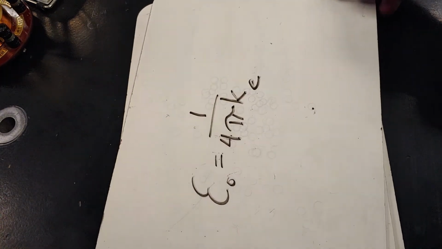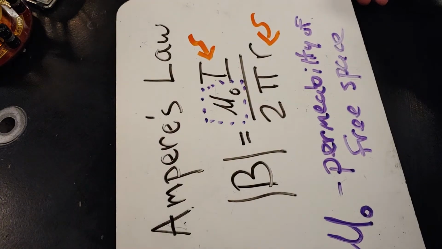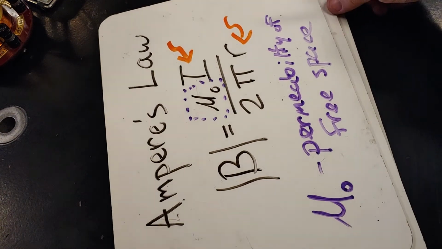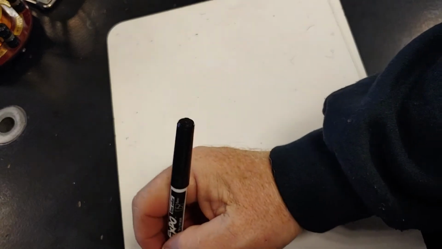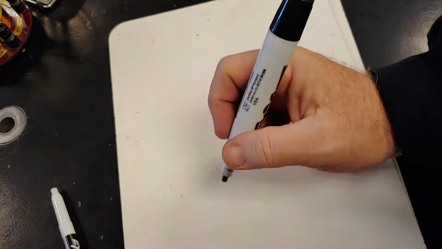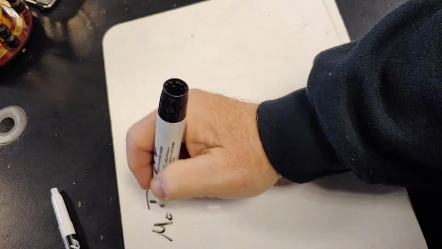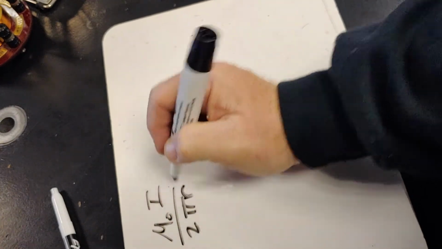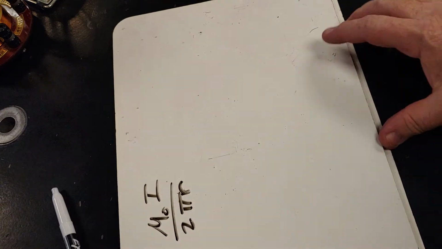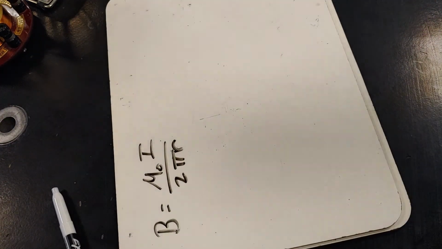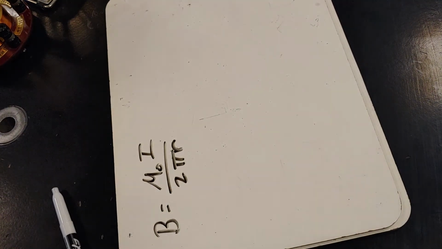But let's talk about mu naught, our new friend, the permeability of free space, which of course we need to identify not just with its value, but of course, as we always do, with its units. So let's think about the equation and ask ourselves, what must the units of mu naught be? Take a moment to think about that.